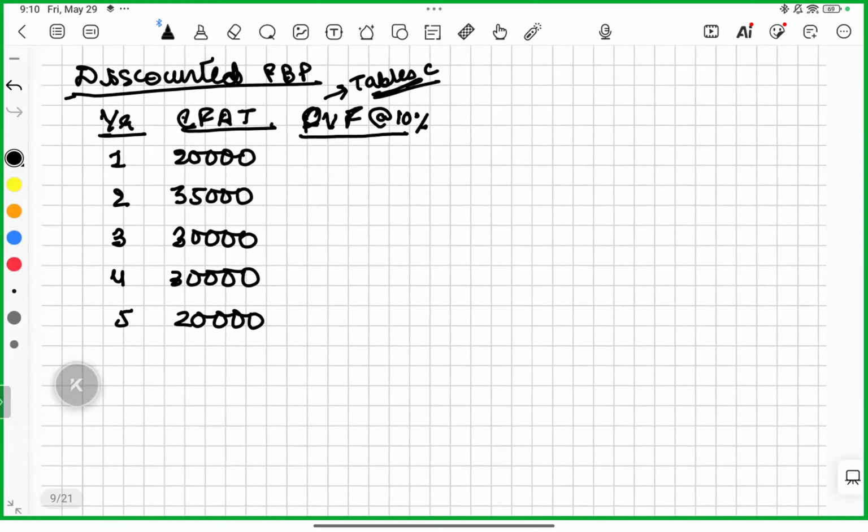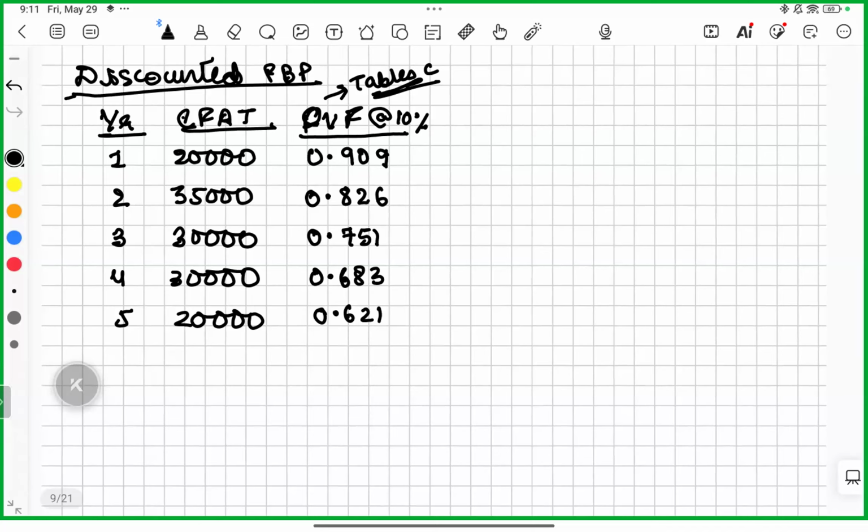Now in table C, see 10% and year 1, the value is 0.909. 10% and year 2, 0.826. 10% and year 3, 0.751. 10% and year 4, 0.683. 10% and fifth year, 0.621. This is called the present value factor.